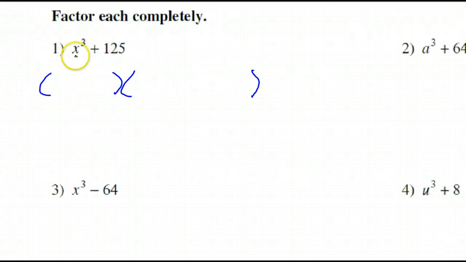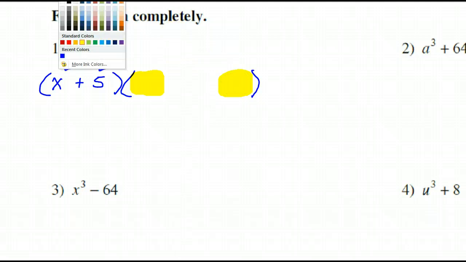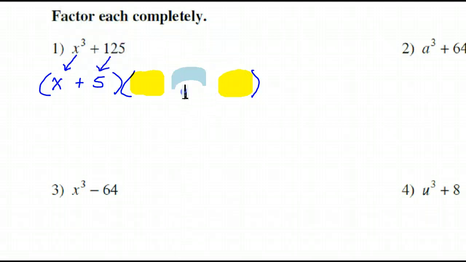Now the binomial is just going to be the root of both of these. Alright, so x to the third power comes from x, and 125 comes from cubing 5. Alright, so it's just the root. So that's where the binomial comes from. Next, I always like to do the beginning and the end of this trinomial, alright? Because this trinomial is going to have basically a beginning, an end, and a middle.